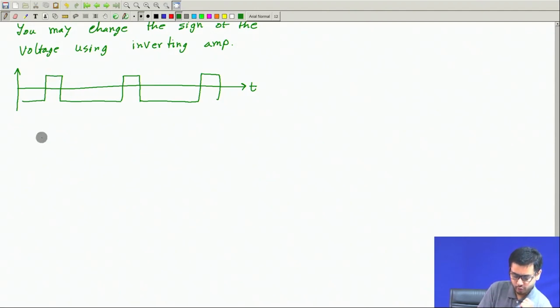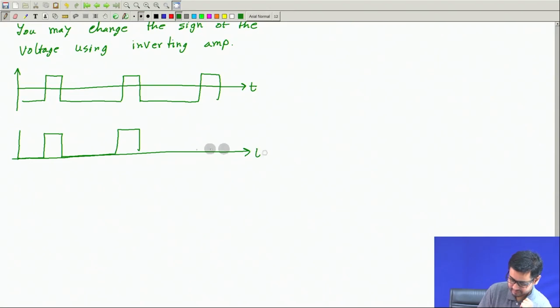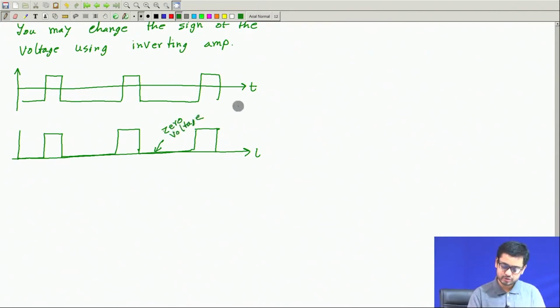But what if you want the pulse train with a pattern like this, where this is the 0 voltage level? How can you come from this to this?